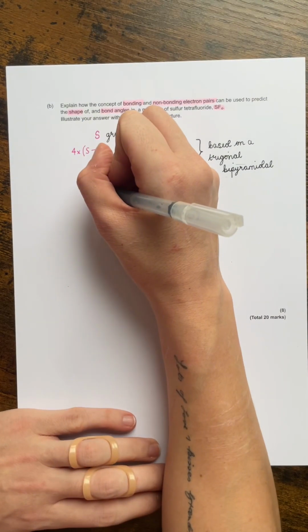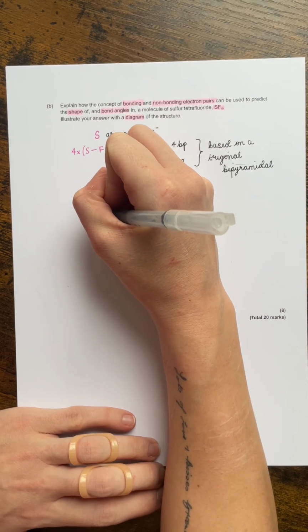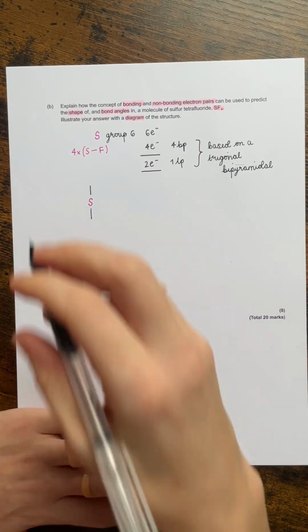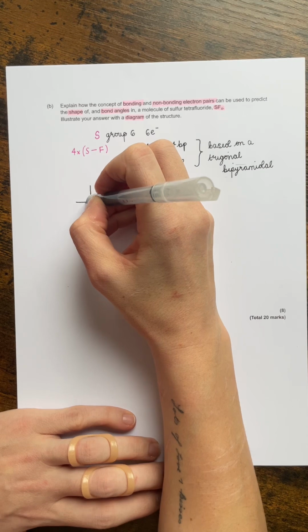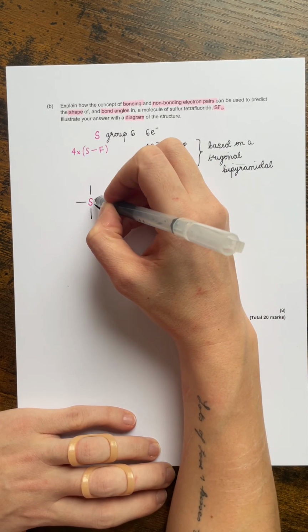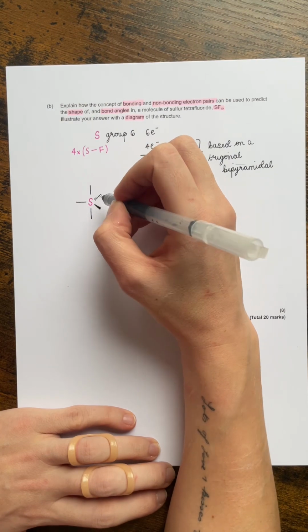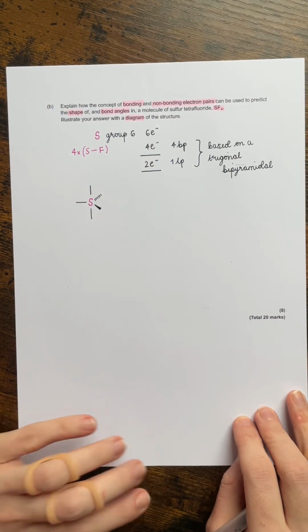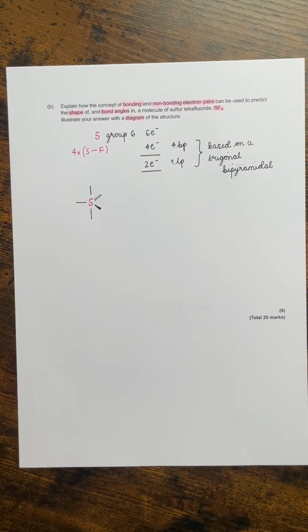So we've got our 2 axial positions, top and bottom, and then we've got 3 equatorial positions around the middle, where we've got one that would be coming out of the paper towards us and one going back into the paper behind us. So that would be our trigonal bipyramidal shape, assuming we had 5 bonding pairs. We don't have 5 bonding pairs, we only have 4.